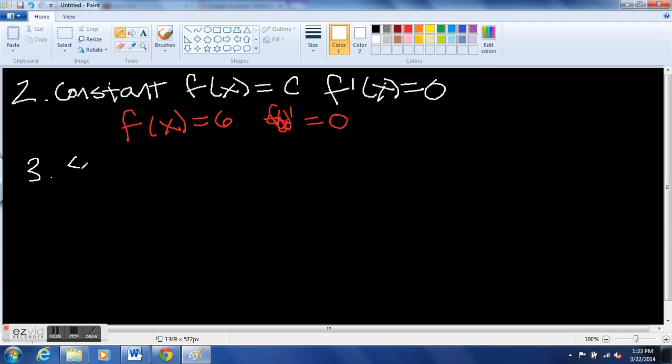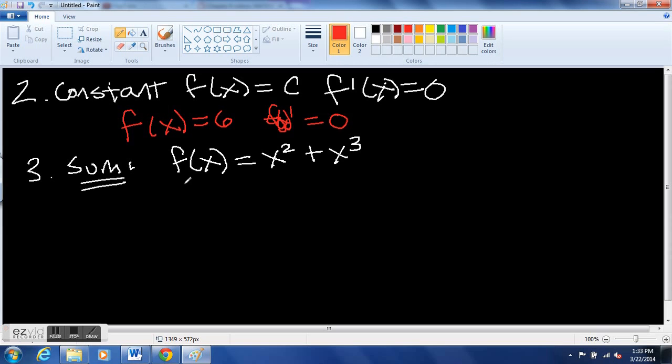Here's the third rule, the sum rule. I'm not going to write out the formal definition because it's in your book and it's just a little bit wordy, but basically it says the sum of the derivatives is the derivative of the sum. We can add derivatives. So let's say you have f of x equals x squared plus x cubed. I think this is easier to show you with an example than with the formal definition.